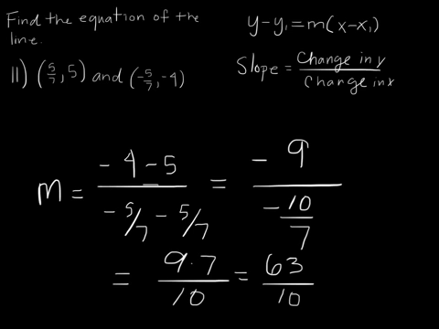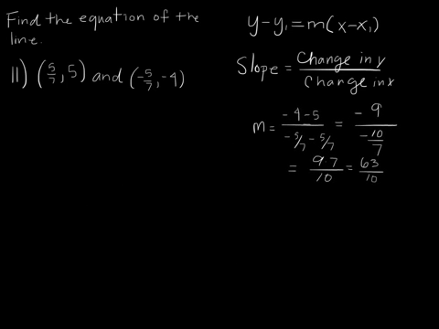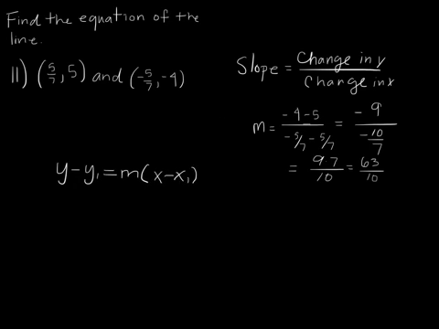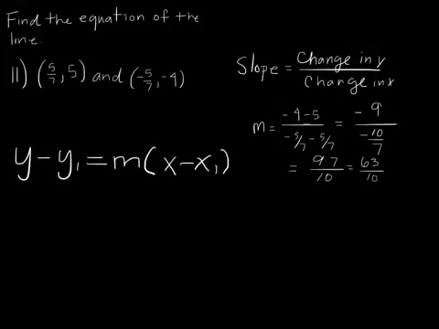And now it's simply a matter of filling in the details of the formula. So my y1 is, and it doesn't matter which point you pick here as long as you're the same for x and y.